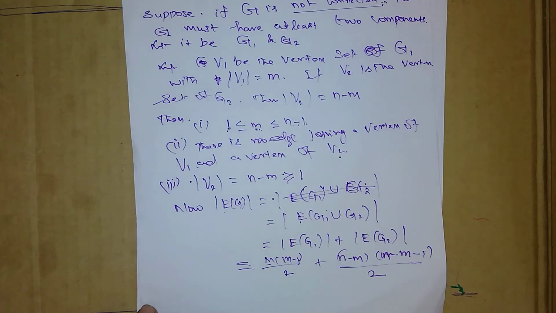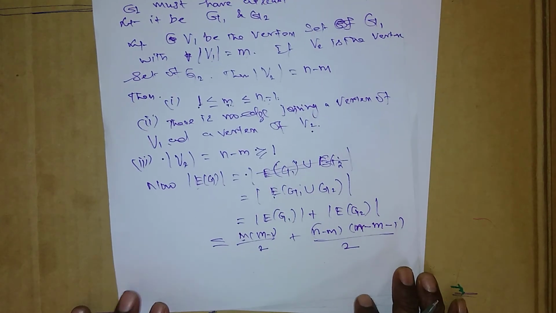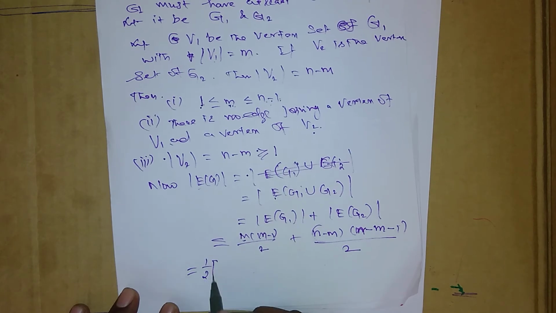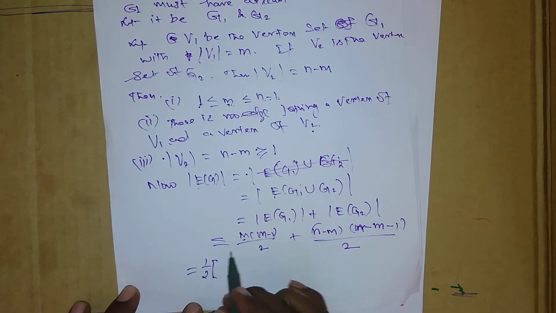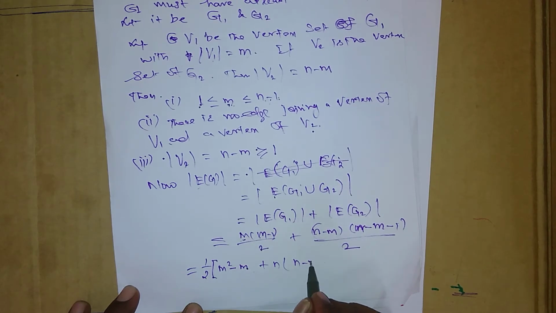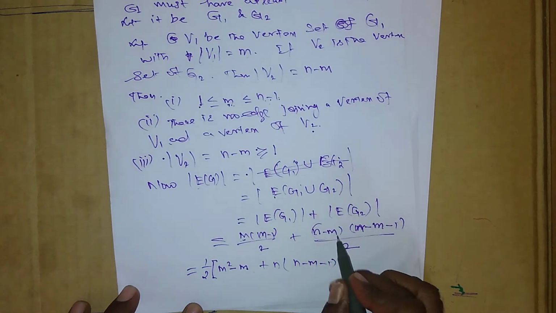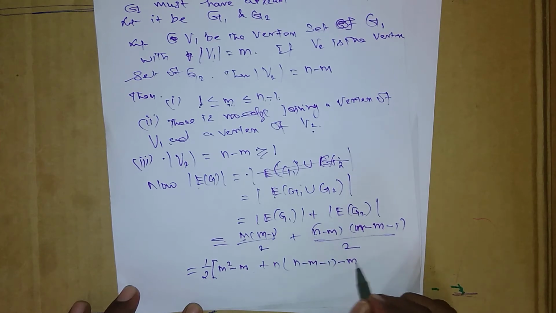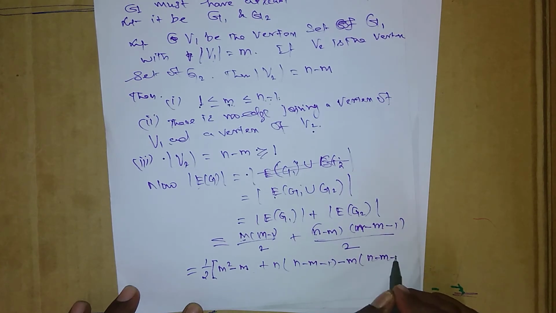That is by theorem, which is equal to, taking 1/2 outside, m(m squared minus m) plus n times (n minus m minus 1) minus m times (n minus m minus 1).